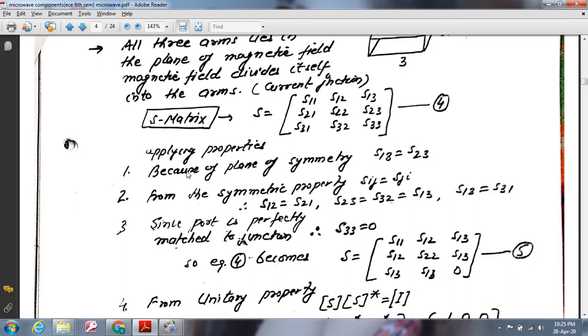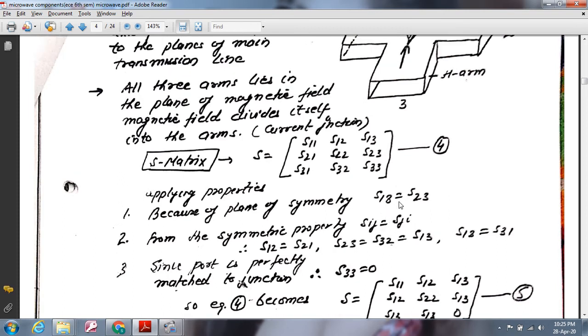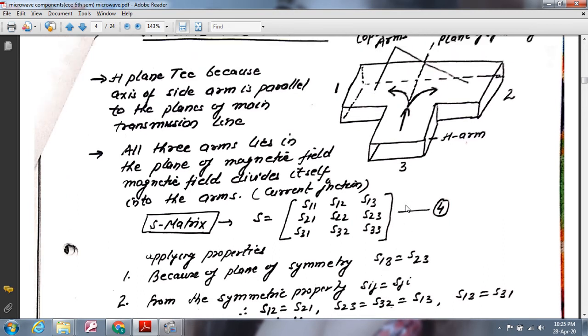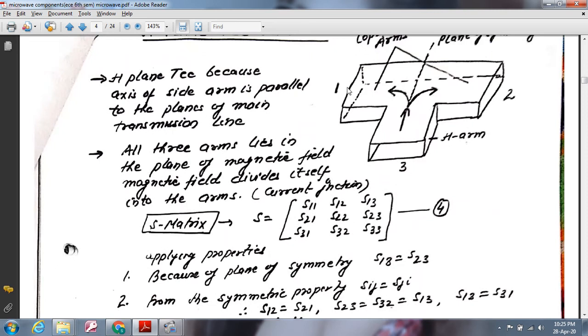Now if we apply the plane of symmetry property, because we have a plane of symmetry, for this H plane T, S13 equals S23. It means if we connect a source at port number 1, then the amount of power going to port number 3 will be S13, and if the same source is connected at port number 2, then the power going to port number 3 is S23.